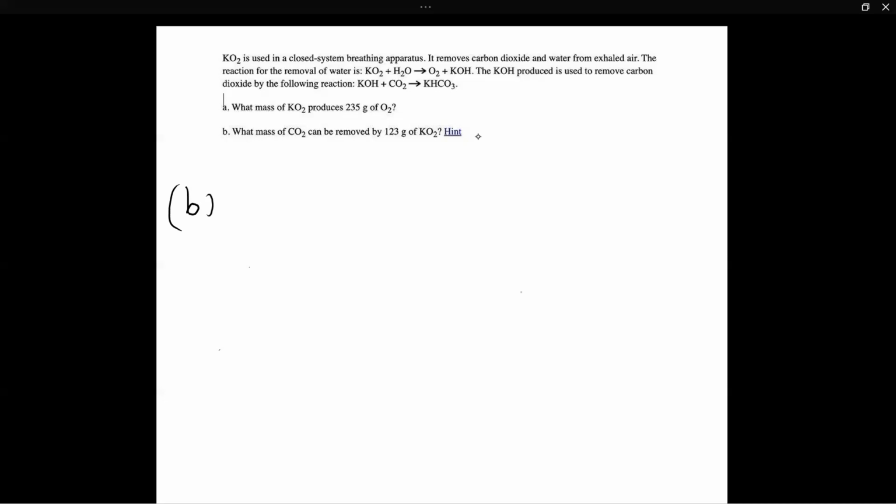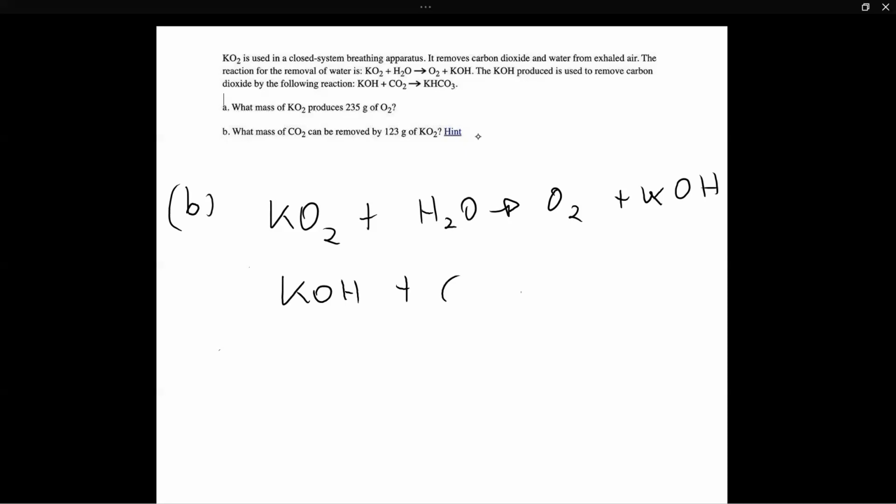But these two equations that they have given us in the question, KO2 plus H2O gives O2 plus KOH, and the second equation, KOH plus CO2 gives us KHCO3, although they are separate, they are linked by one common factor, which is KOH. These guys are linked to each other.